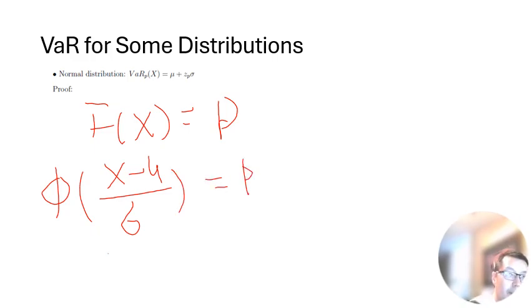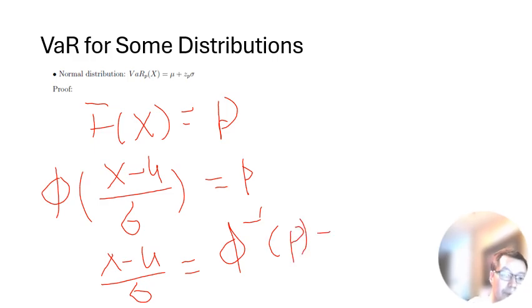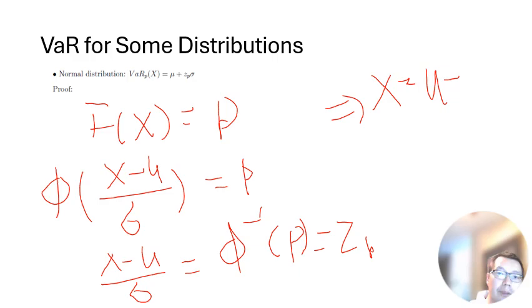Then (x minus mu) divided by sigma is equal to Phi inverse of p, which is z_p. From there we can get x is equal to mu plus z_p times sigma.